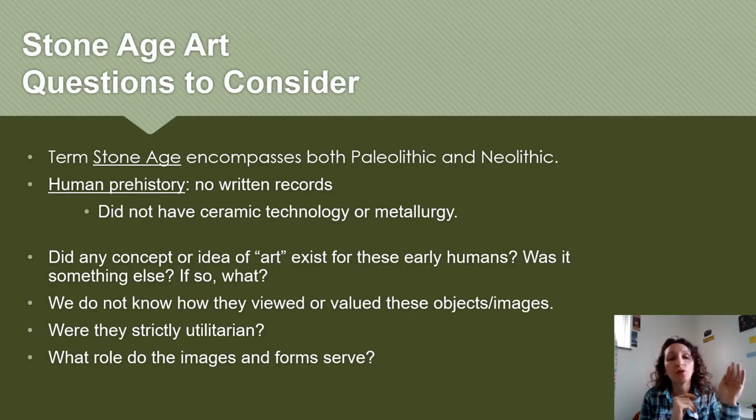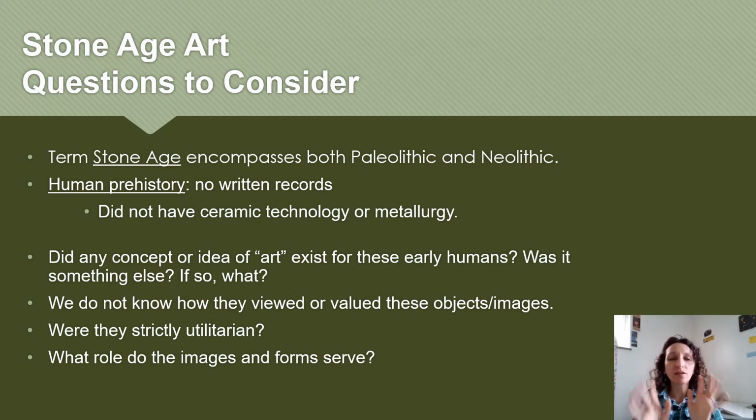All right, so here is a series of questions that I want you to consider as we go forward. This term Stone Age is pretty much the bulk of what this section of the unit is about, and I use the terms Paleolithic and Neolithic to differentiate them, and we'll talk more about why.